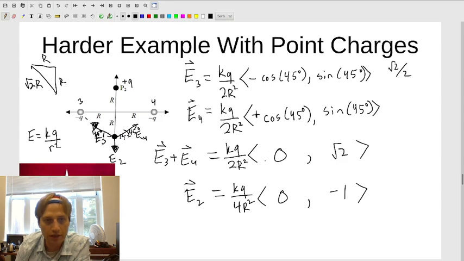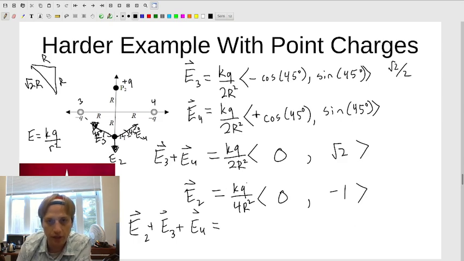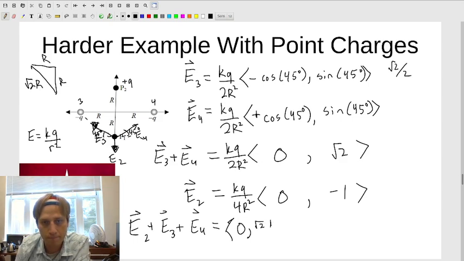Okay, so in this case, if I wanted to have my E2 plus E3 plus E4, it would be this stuff plus that. So it would be 0, comma, and then all of that.